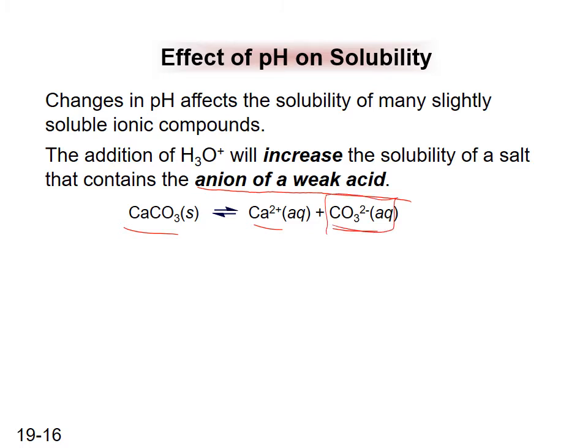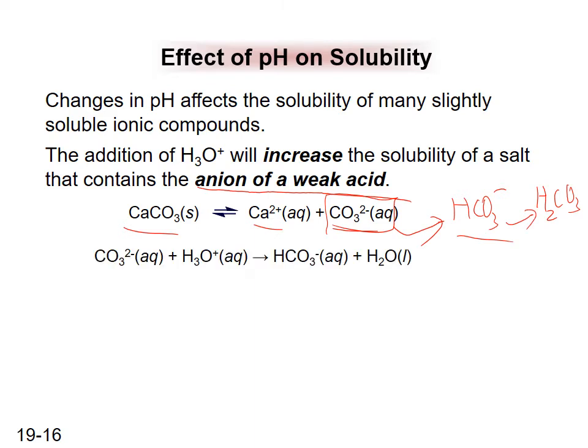Carbonate ion comes from the weak acid bicarbonate, and the bicarbonate comes from another weak acid, carbonic acid. So if hydronium ion is added, hydronium ion will react with carbonate to go back to bicarbonate, and the bicarbonate goes back to carbonic acid.